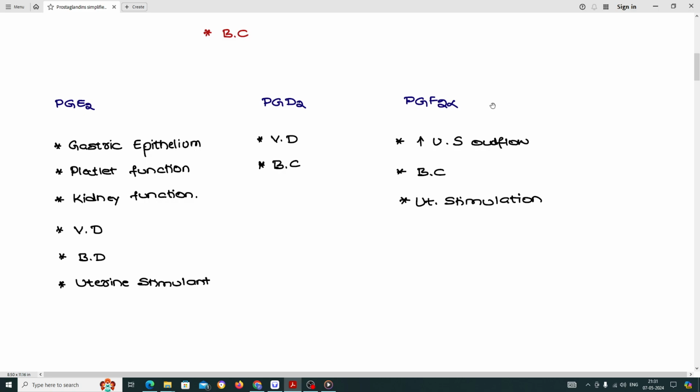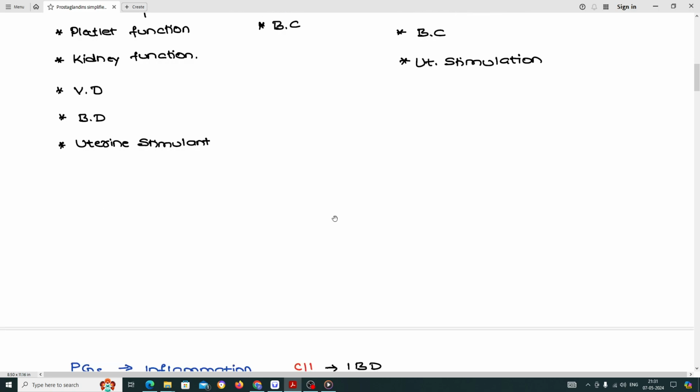It should not be given in case of the bronchial asthma individuals, but the drugs which are used for treating the glaucoma are considered as a safe drug in case of bronchial asthma individuals. On the uterine smooth muscles, again it leads to uterine stimulation, thereby it helps in the parturition or the labor induction as well as in controlling the postpartum hemorrhage.